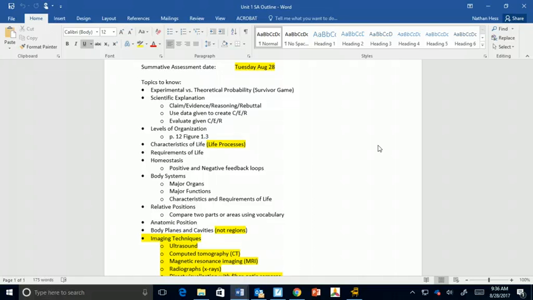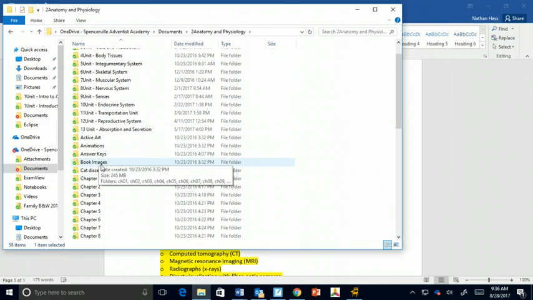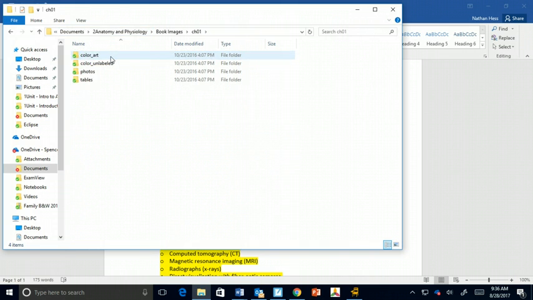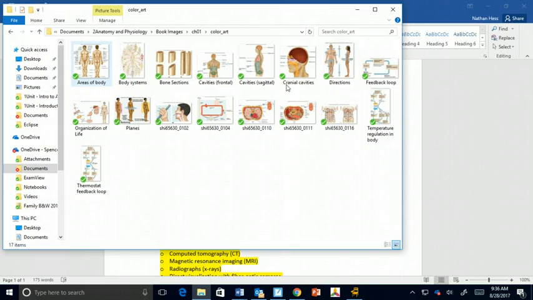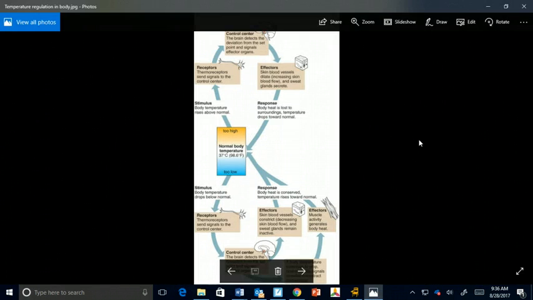Sure. Positive and negative feedback loops. Let me real quick pull up pictures here. So your feedback loop looks something like this, right? This is the example, and this is from your textbook.